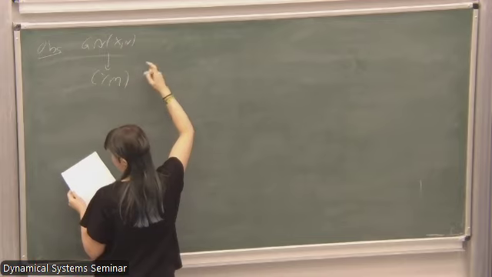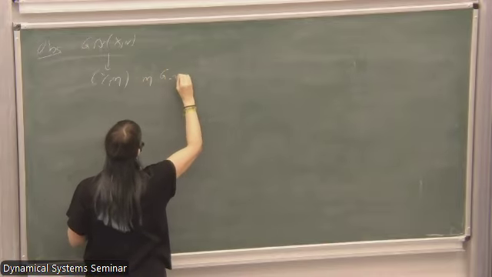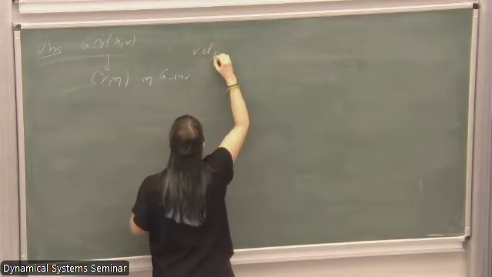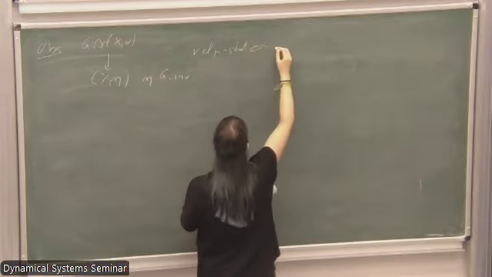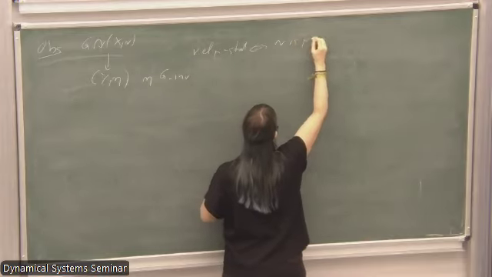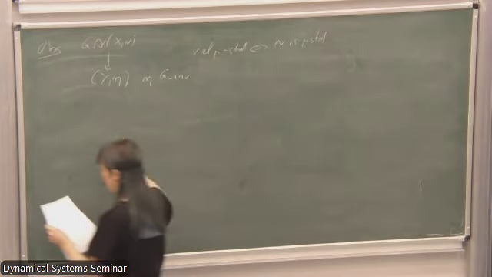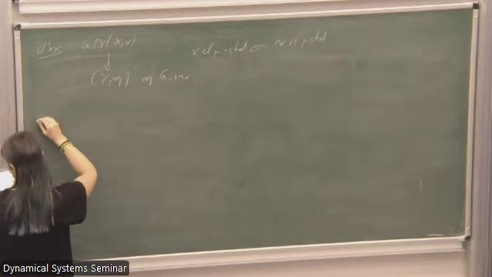If we have downstairs eta, which is G invariant, then this is relatively mu stationary also if and only if nu is mu stationary. It's not difficult, but it requires a line of calculations.